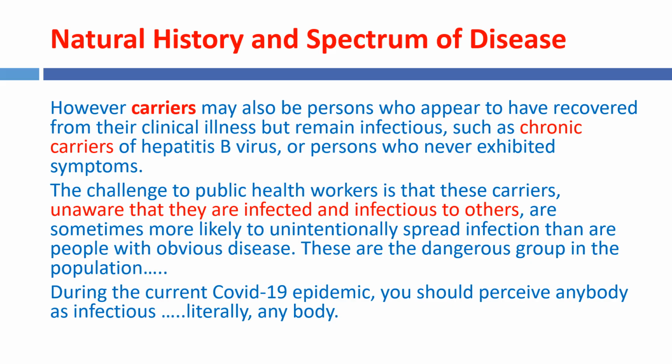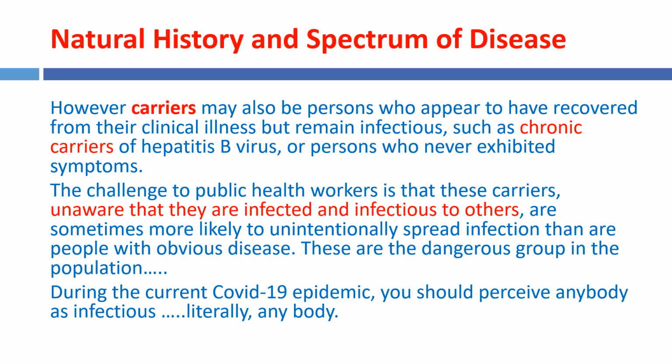The challenge to public health workers is that these carriers, unaware that they are infected and that they are infectious to others, are sometimes more likely to unintentionally spread infection than other people with obvious illness. These are the dangerous group in the population.